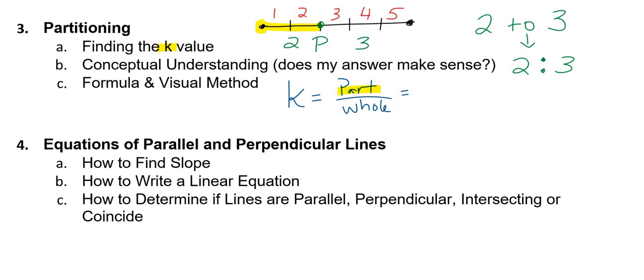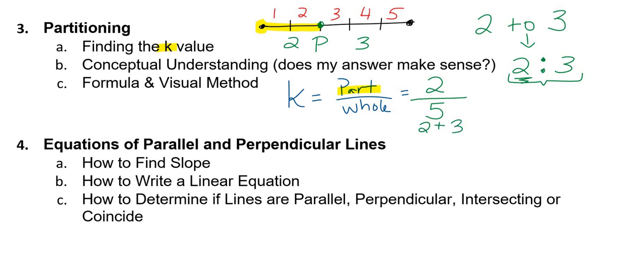I've traveled 2 pieces, which is the first number here in the ratio, out of a total number of how many sections? Well, there's 5 sections, so the whole number of sections is 5. Notice that we get that 5 by adding the 2 pieces in the ratio together. So the way I got that 5 is I did 2 plus 3. That's how you find k.